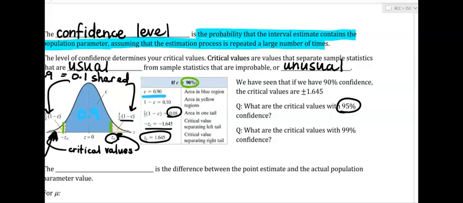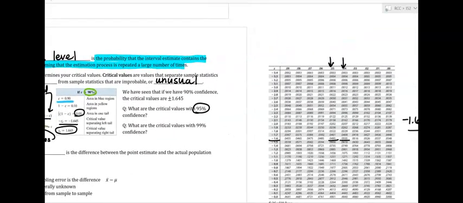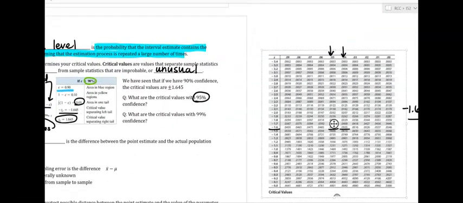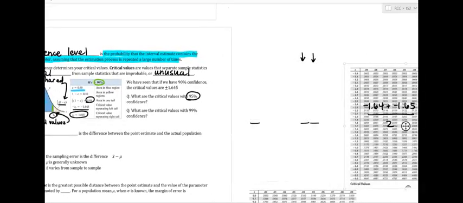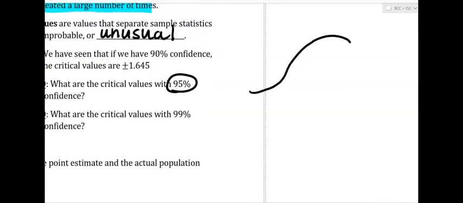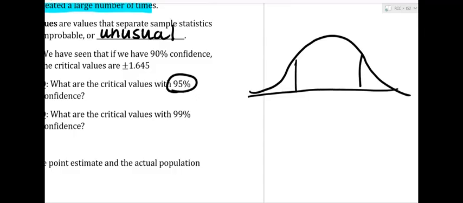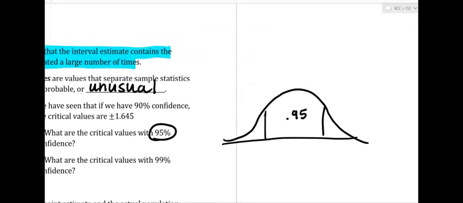Well, what if you have a 95% confidence level? So that graph would look different, because if you have a 95% confidence level, that means that in your bell curve, between your two critical values, you have 95% of the data. You need to then figure out, how much data do you have shared in both tails?